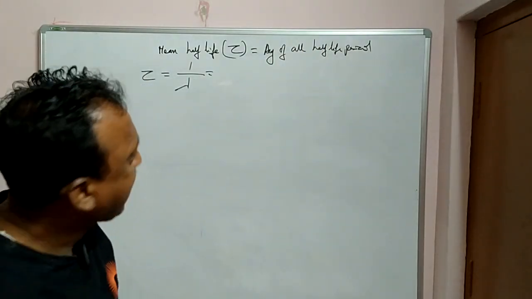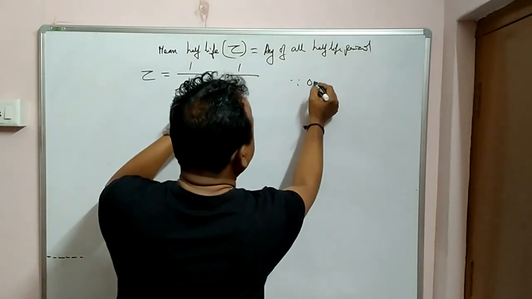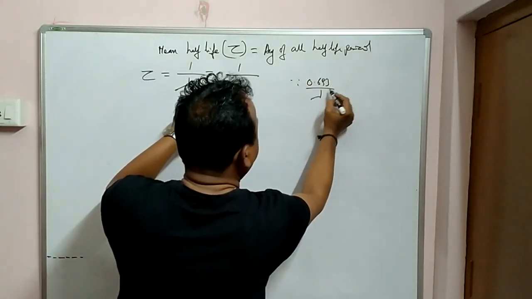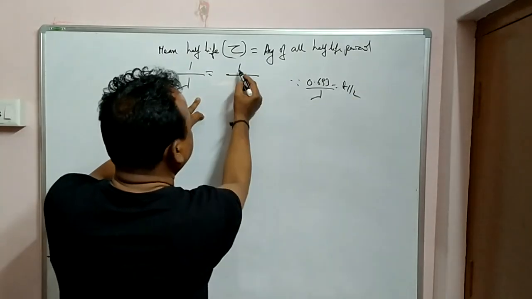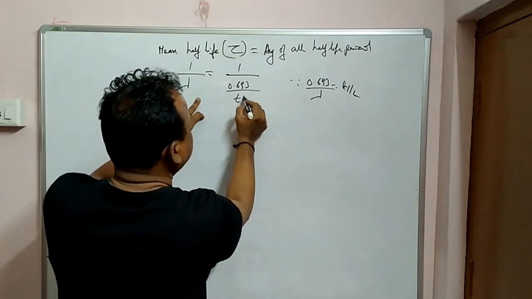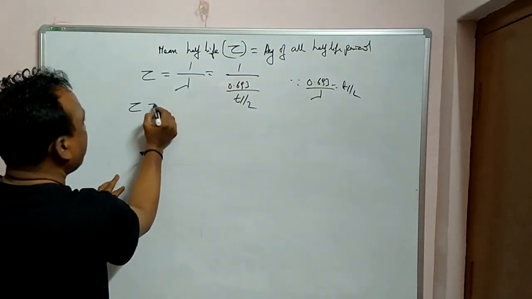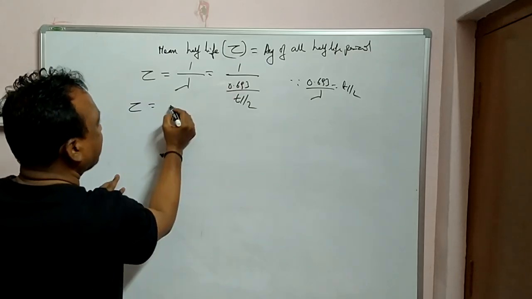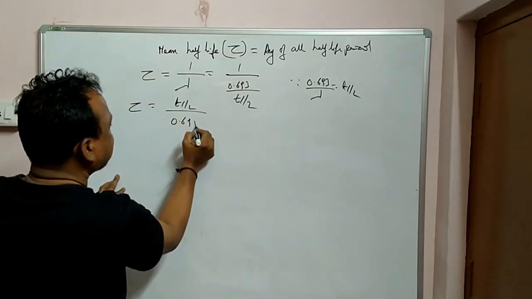Average of all half-life. And we already know lambda is 0.693 by T half, the half-life period. So 1 by lambda means 1 by 0.693 by T half. So T half will go to the top. Tau is equal to T half by 0.693.